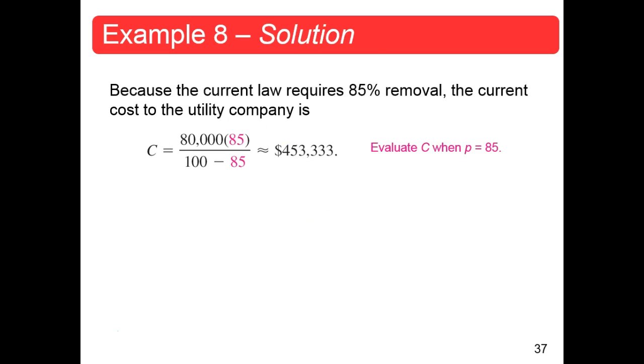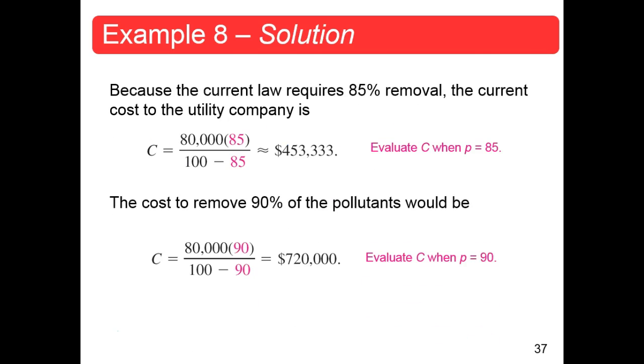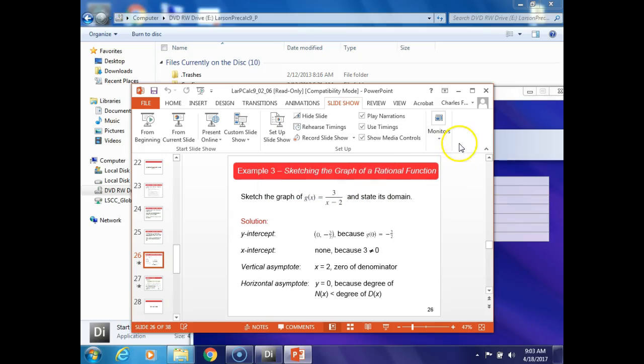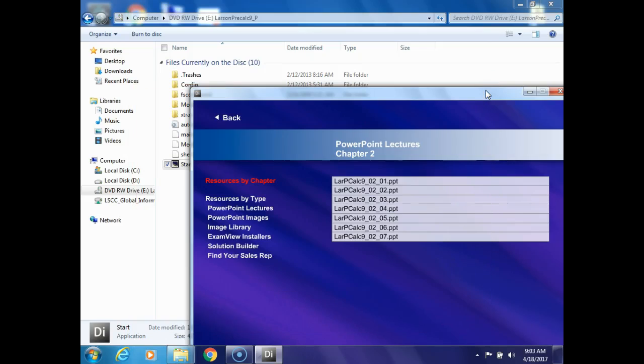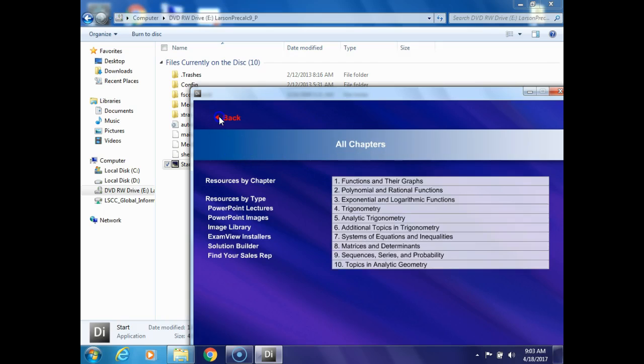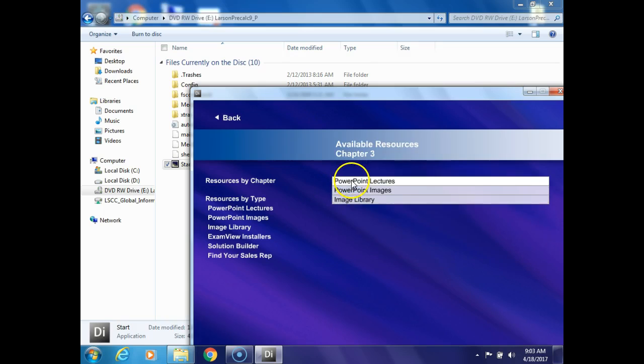Now, let's see. All right. We've got about 15 minutes. So let's move on to at least an introduction to chapter 3. All right. Exponential and logarithmic functions.